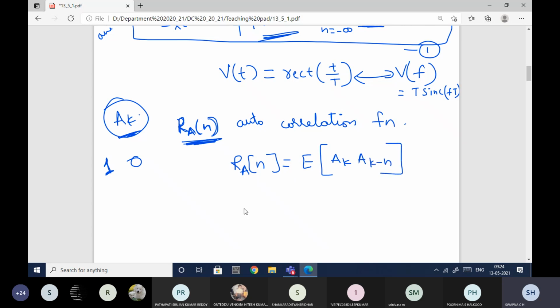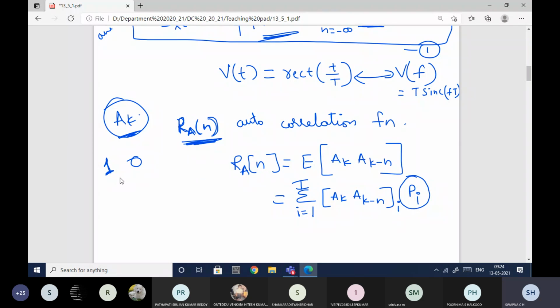In terms of an equation, we can represent it as the summation over i of AK into AK minus n of i, times Pi. Pi is nothing but the probability.